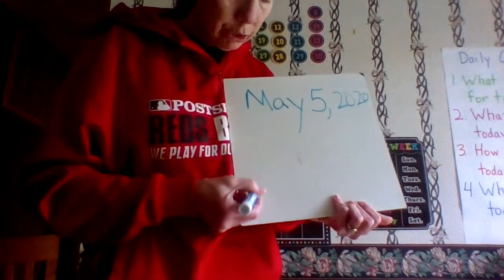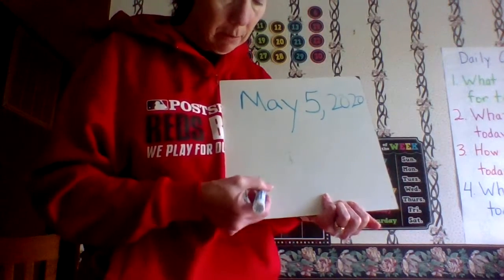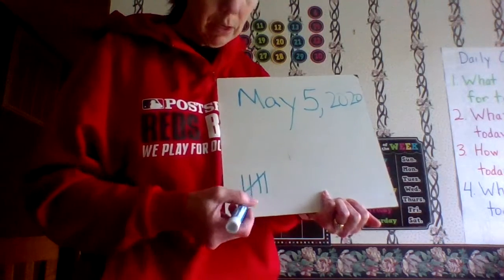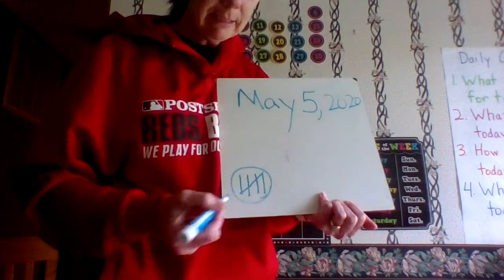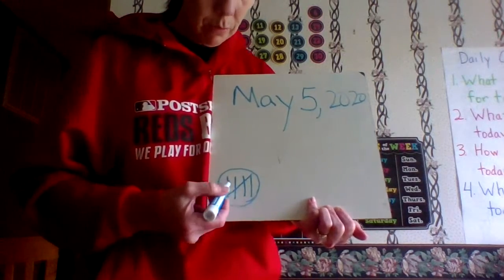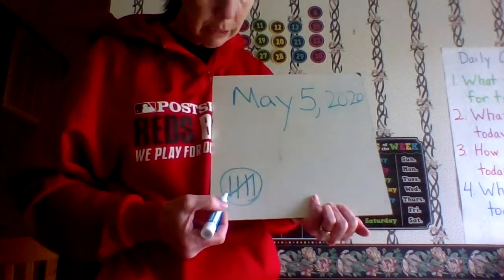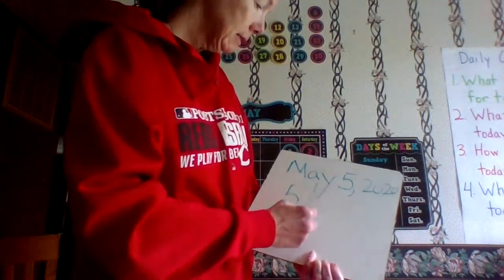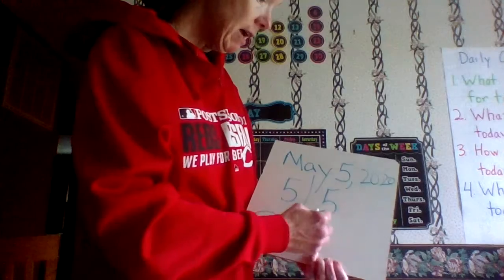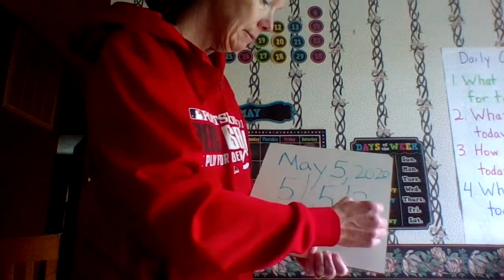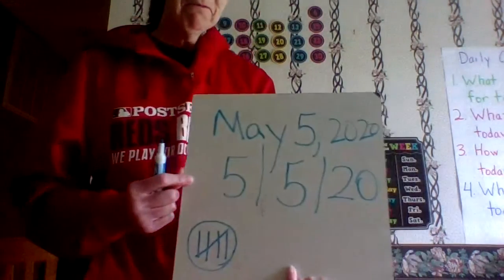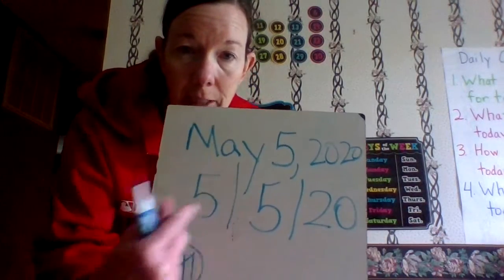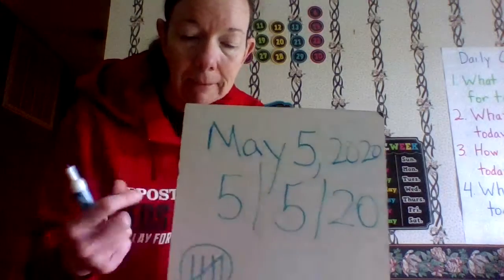Ready? January, February, March, April, May. A group of tallies together like this is what number? 1, 2, 3, 4, 5. So 5, 5, 20. That's today's date. Today's date is May 5th, 2020, or 5, 5, 20.